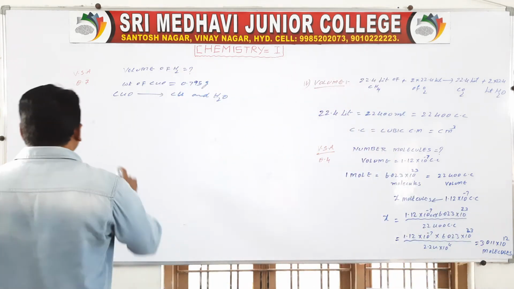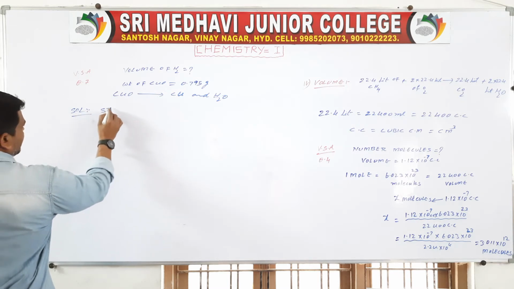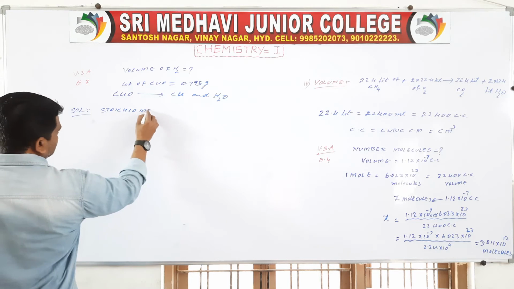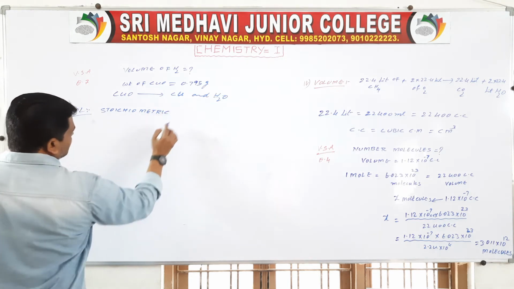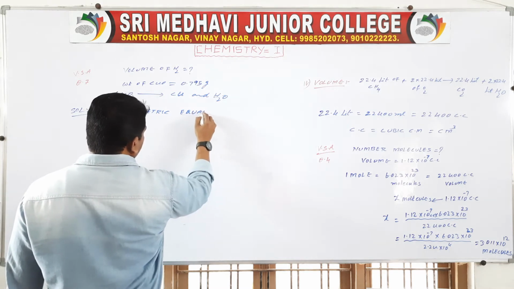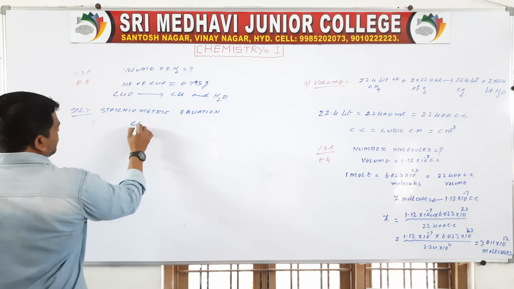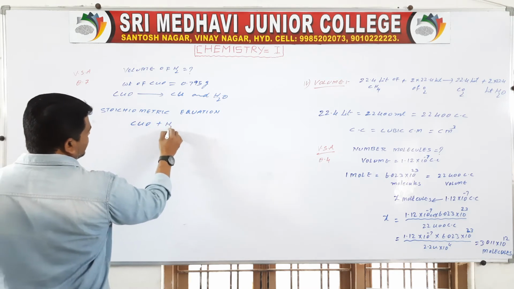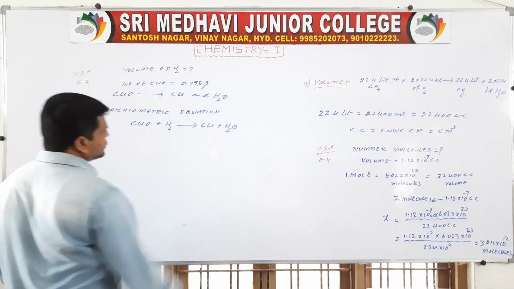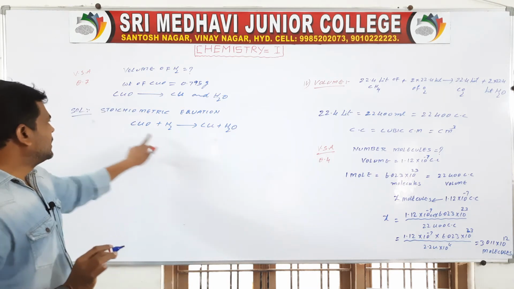So here you have to know the stoichiometric equation. CuO plus H2 gives rise to Cu plus H2O. It is a reduction, already balanced.